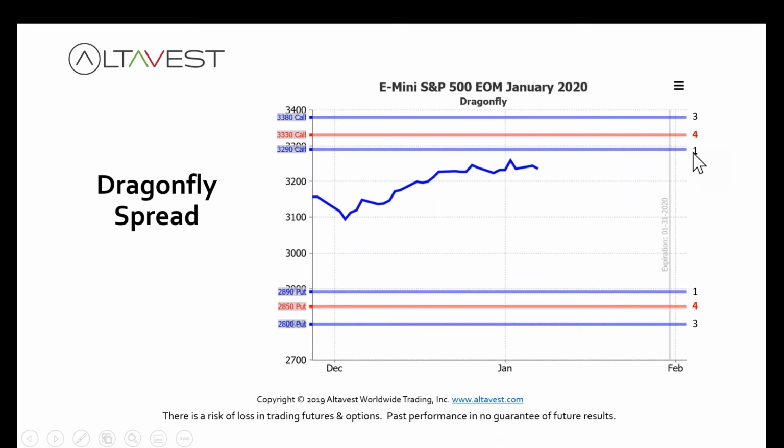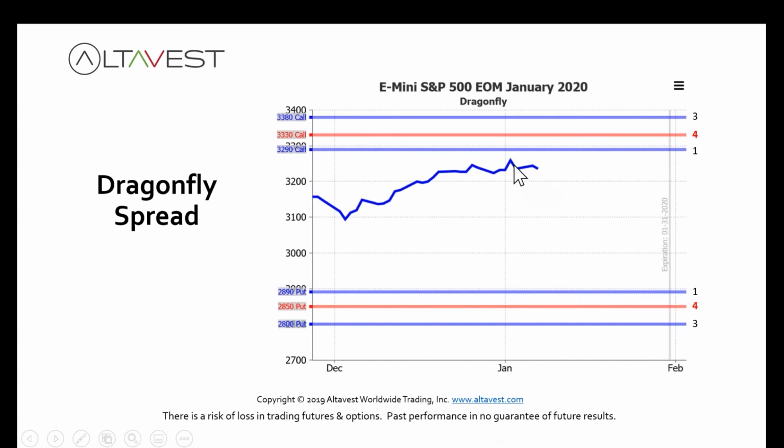the money call. And you do the same with the puts, the same structure on the puts, but let's look at the calls. So now notice the 32.90 call, the one you buy, in this example is 40 points closer to the money compared to the 4 that you sold. So what happens is if the market's moving higher and getting closer to the short calls, the one that you bought is going to gain value more quickly. The delta is higher.